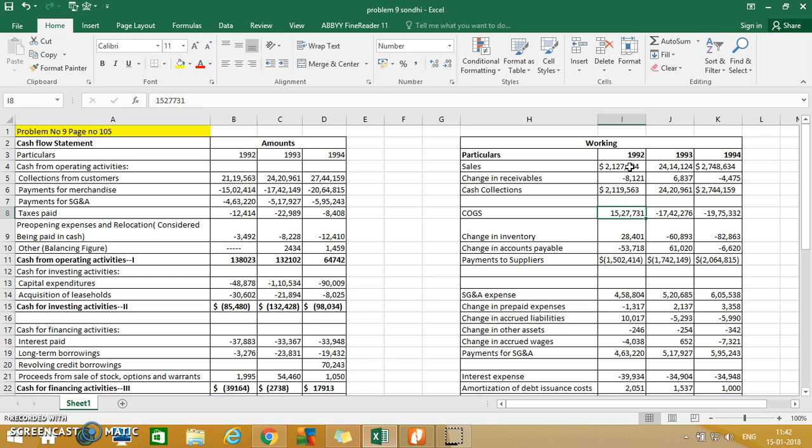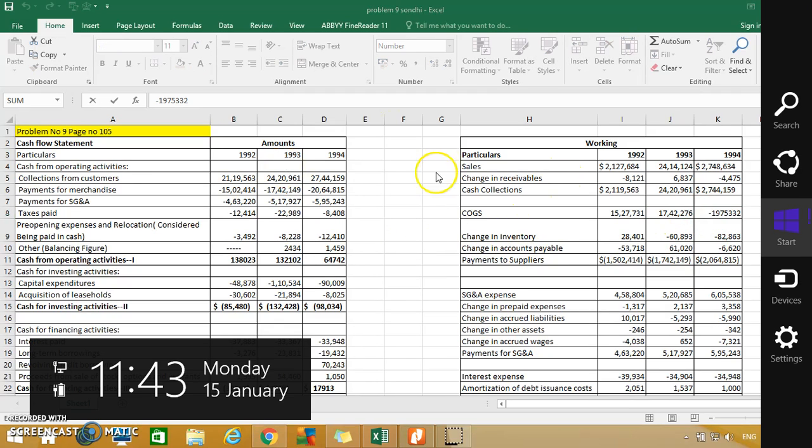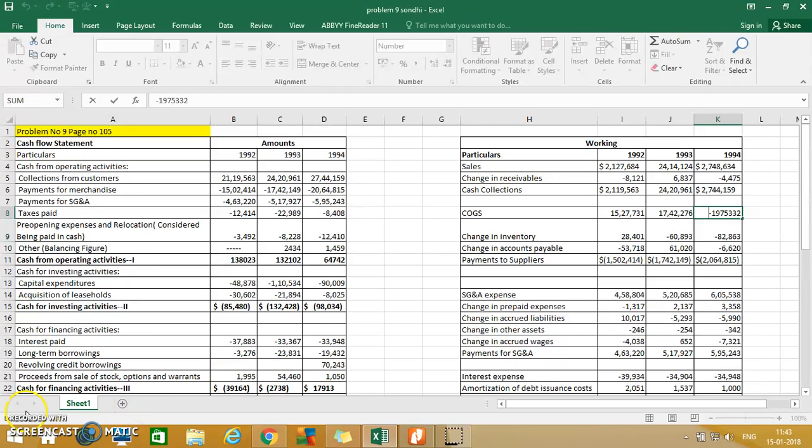Similarly, the next part is to see what payments have been made. So I pick up the COGS. From the cost of goods sold, I have made the adjustment to the inventory and also the accounts payable.